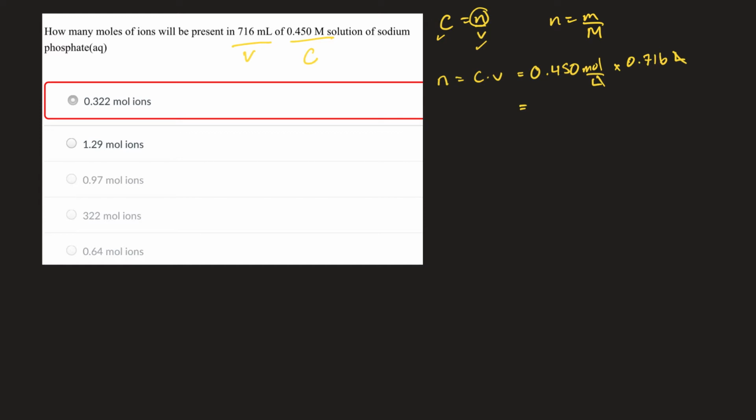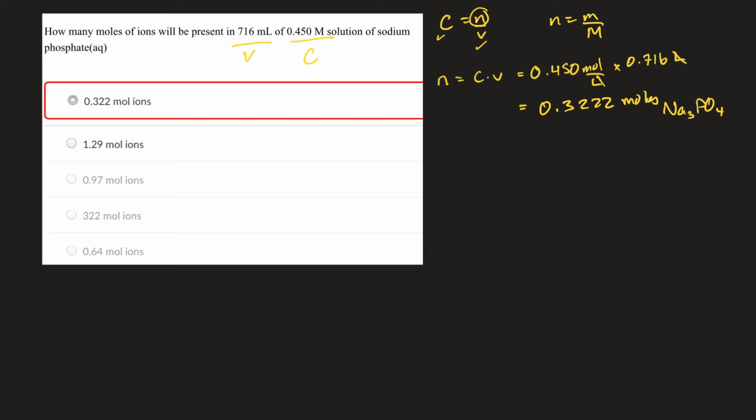Grab my calculator. Okay, 0.450 times 0.716. So I get 0.3222 moles of sodium phosphate.